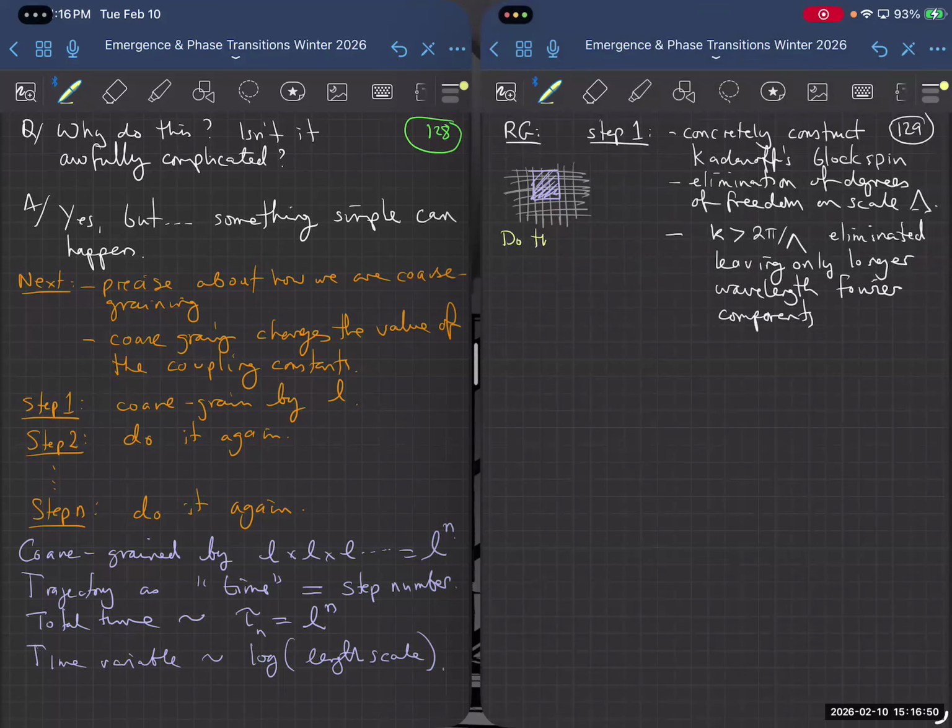And so, in fact, there's multiple ways to do this. You can do this in real space, which we will do. You can do this in Fourier space, which you have to do by Feynman diagrams. We'll do that too.